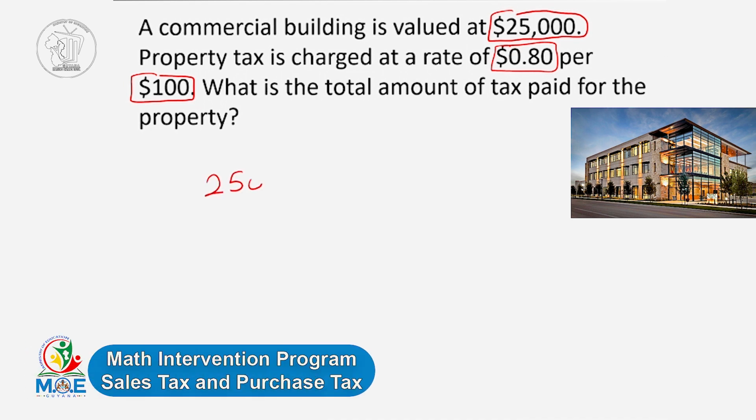So 25,000 divided by 100 will give us the number of hundreds in the $25,000. This zero cancels with that zero, and this zero cancels with that zero, so we have 250.